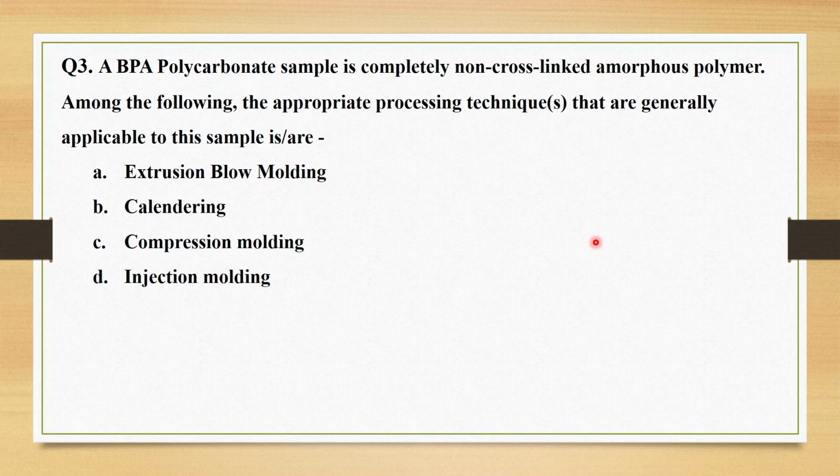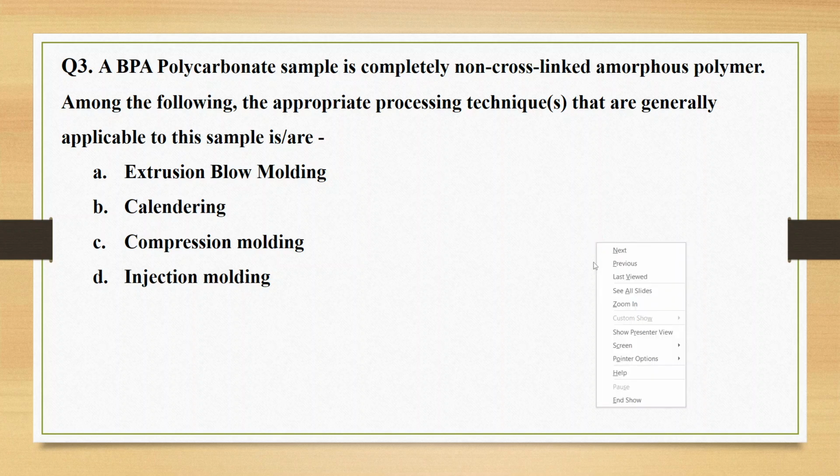It states a BPA polycarbonate sample is a completely non-cross-linked amorphous polymer. Among the following, the appropriate processing technique or techniques that are generally applicable to this sample is or are. This can be an MSQ question, so you have to choose accordingly.